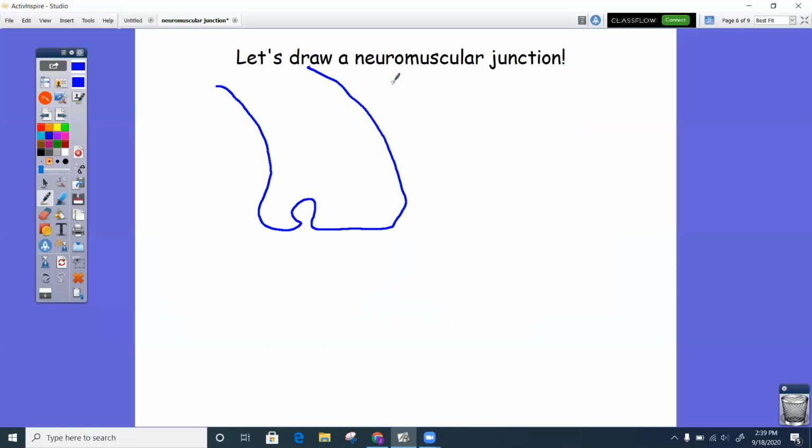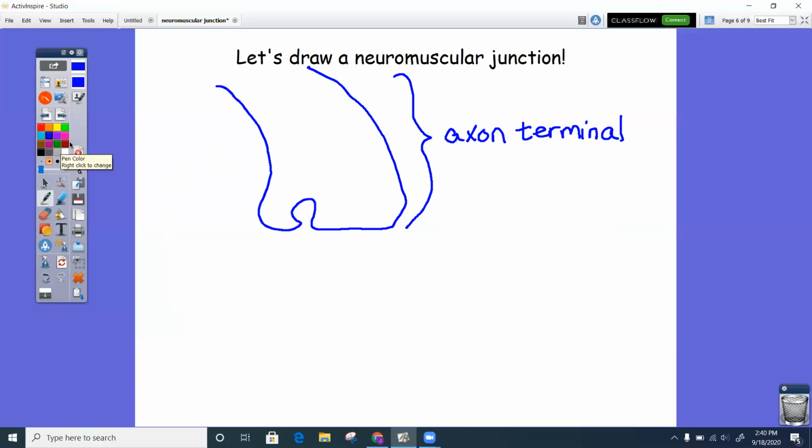Okay, so this thing that I just drew, let's see if this is any easier. It's not really easier. Might be a little easier to draw tiny things. This is called the axon terminal, so it is the end of an axon.